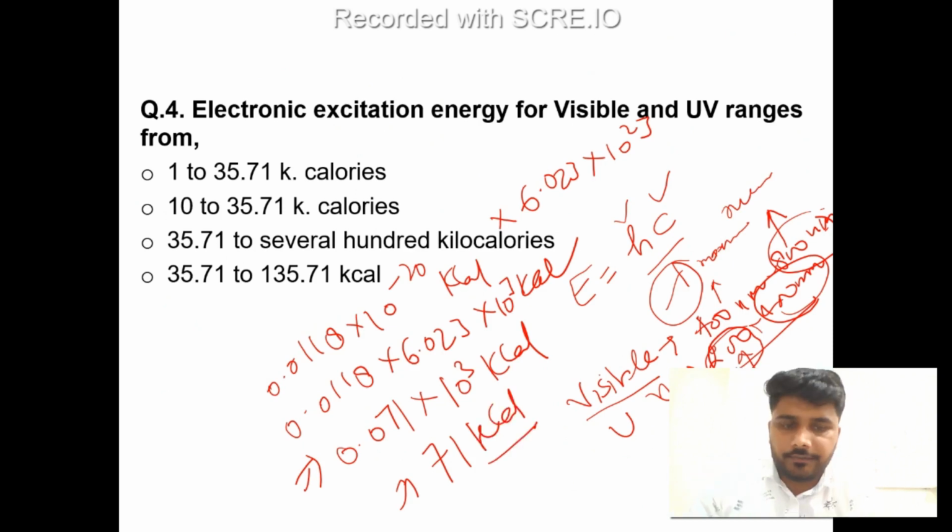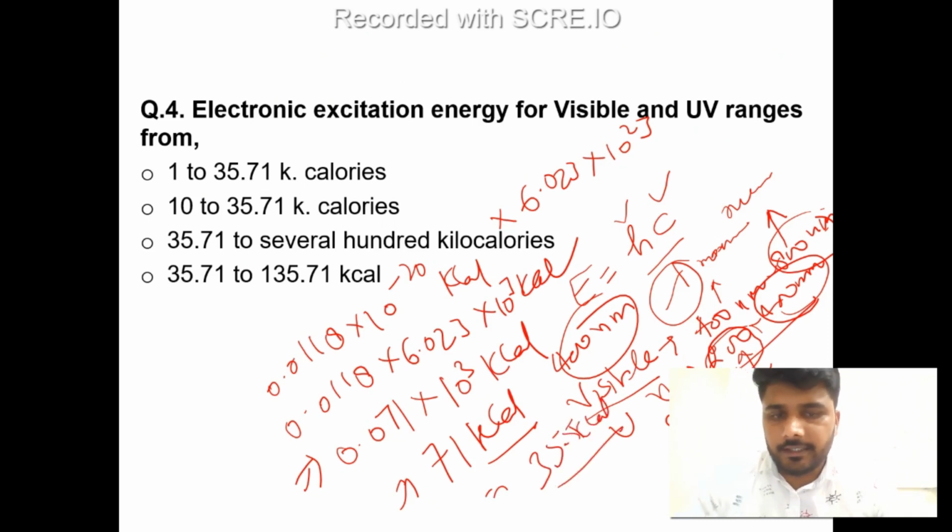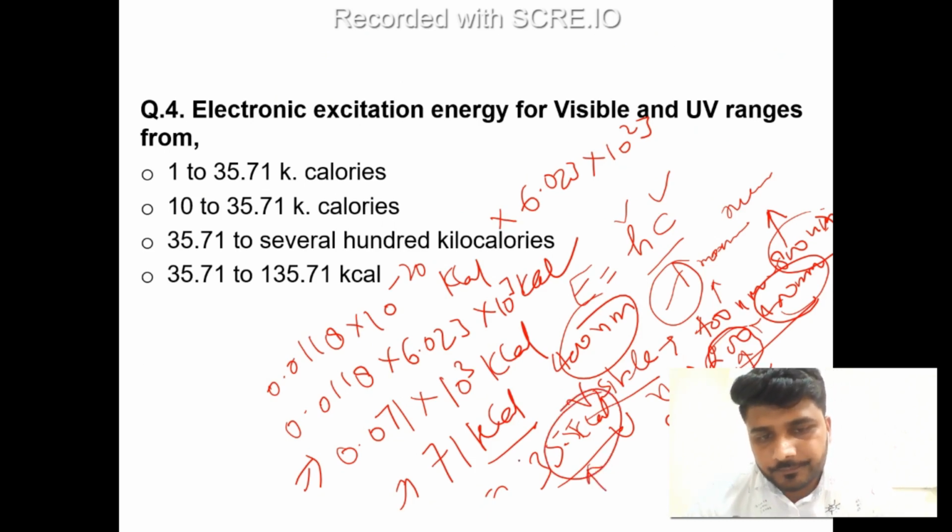This is for 400 nanometer. If I go to 800 nanometer, it will be just half, so something like 35.5 kilocalorie. This will be the minimum value.